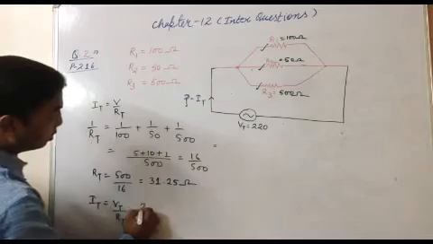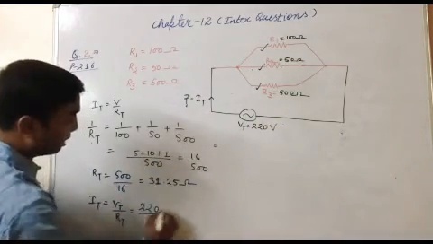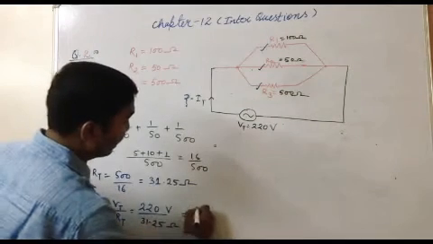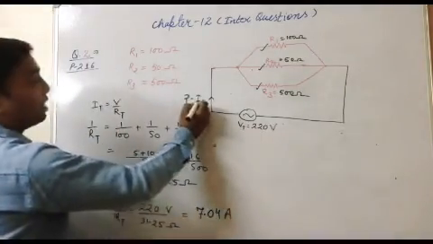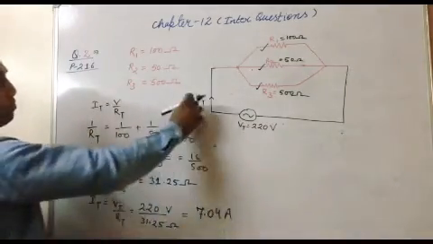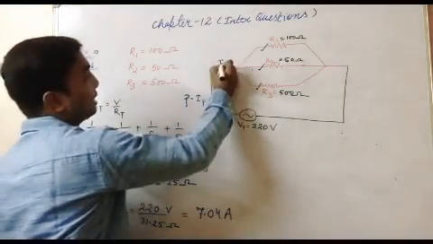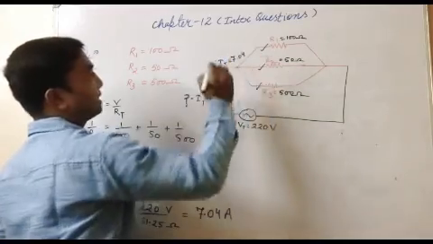What is VT? 220 volt divided by RT, 31.25 ohm. We are getting 7.04 ampere. So 7.04 ampere current is passing here, IT equals 7.04 ampere.